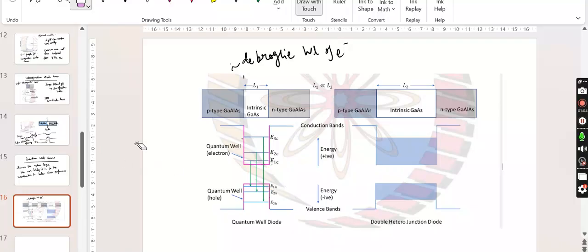And transition, the recombination, only happens at the same n: from 3 to 3, from 2 to 2, and from 1 to 1. So delta n needs to be 0, and we know in the quantum world how these energy levels are described. They are n squared pi squared h bar squared over 2m L squared.